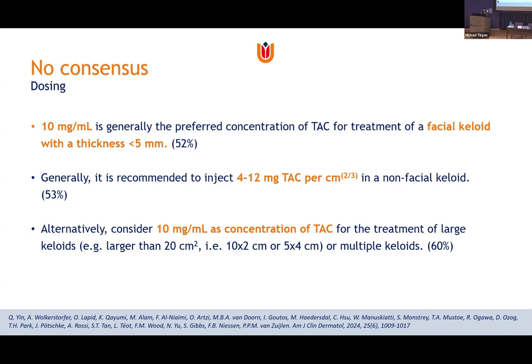Consensus could also not be reached on the concentration of 10 milligrams per milliliter as preferred concentration for treatment of a thin facial keloid, nor for the treatment of large keloids or multiple keloids when larger volumes are needed.